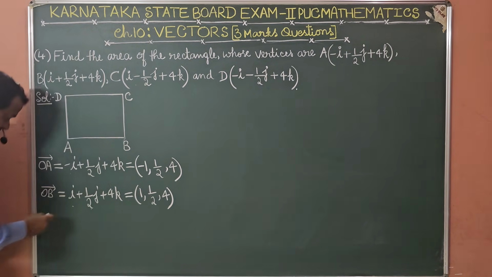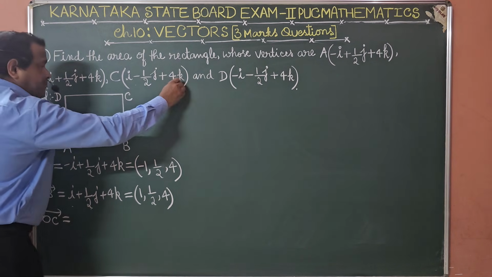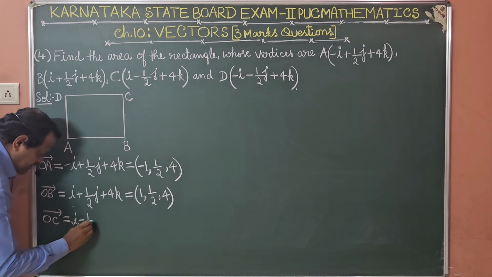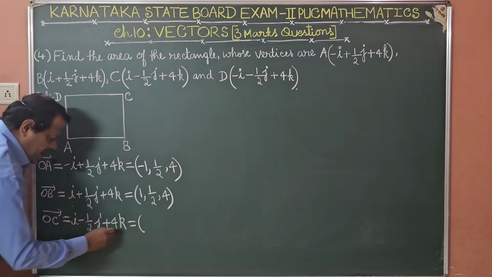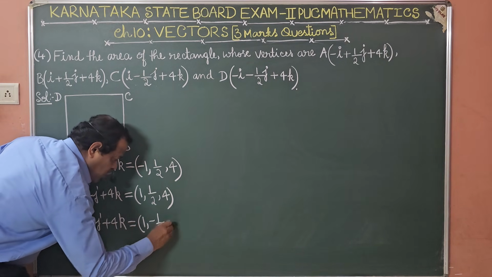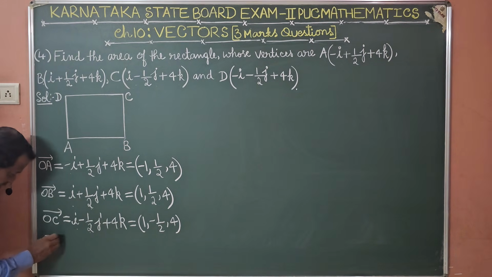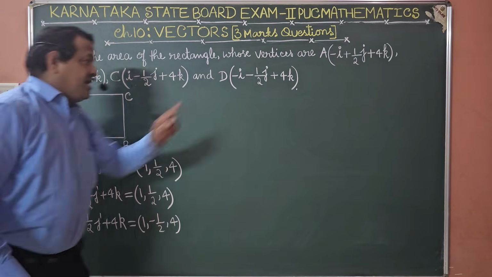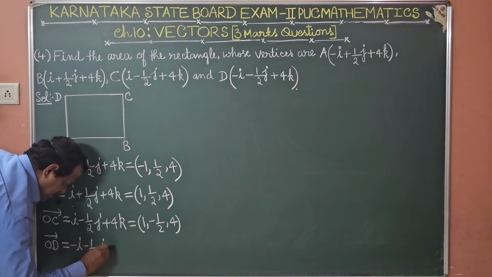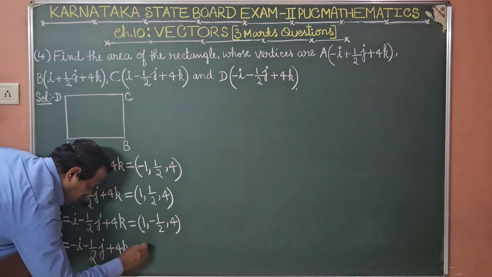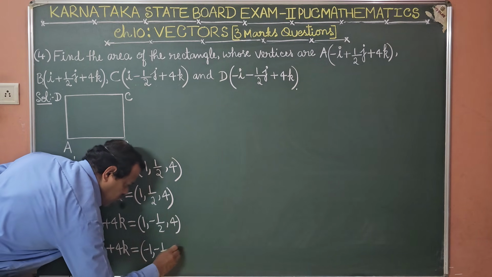OC vector is equal to i minus half j plus 4k, with coefficients 1 comma minus half comma 4. And the last one, OD vector, is equal to minus i minus half j plus 4k, which is the ordered triplet minus 1 comma minus half comma 4.